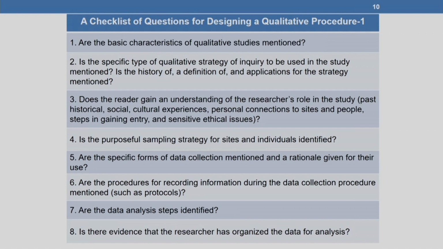One, are the basic characteristics of qualitative studies mentioned? Two, is the specific type of qualitative strategy of inquiry to be used in the study mentioned? Is the history of, a definition of and applications for the strategy mentioned? Number 3, does the reader gain an understanding of the researcher's role in the study: past historical, social, cultural experiences, personal connections to sites and people, steps in gaining entry and sensitive ethical issues.